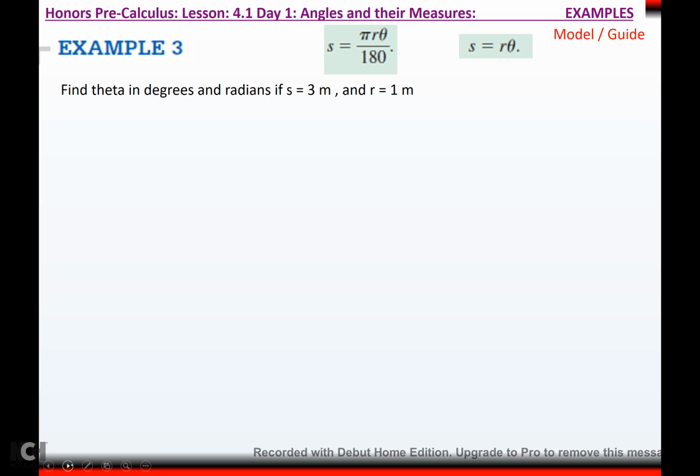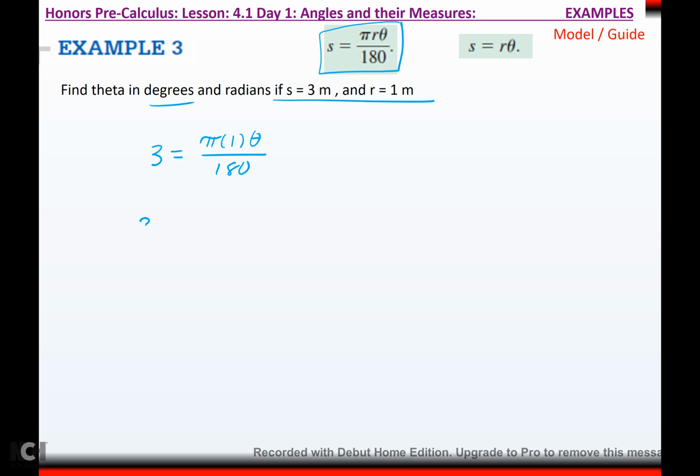Alright, this one says find theta in degrees and radians if arc length is 3 and radius is 1. To find it in degrees, I'm going to use this formula and plug in what I know. And it says 3 is pi times 1 times theta, which is what I'm looking for, over 180.